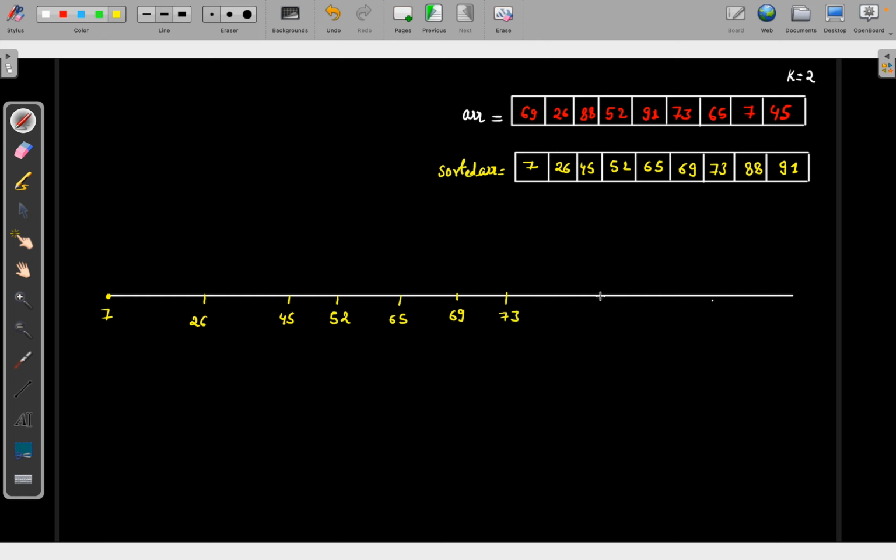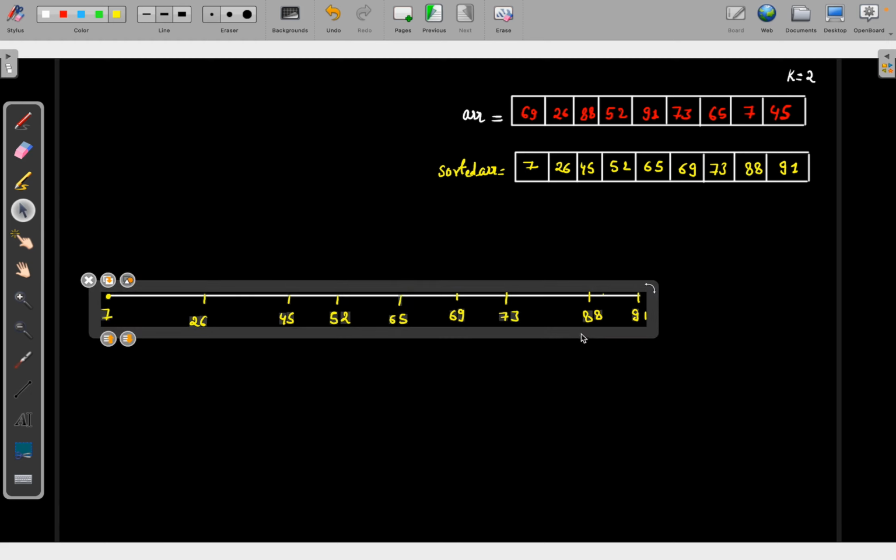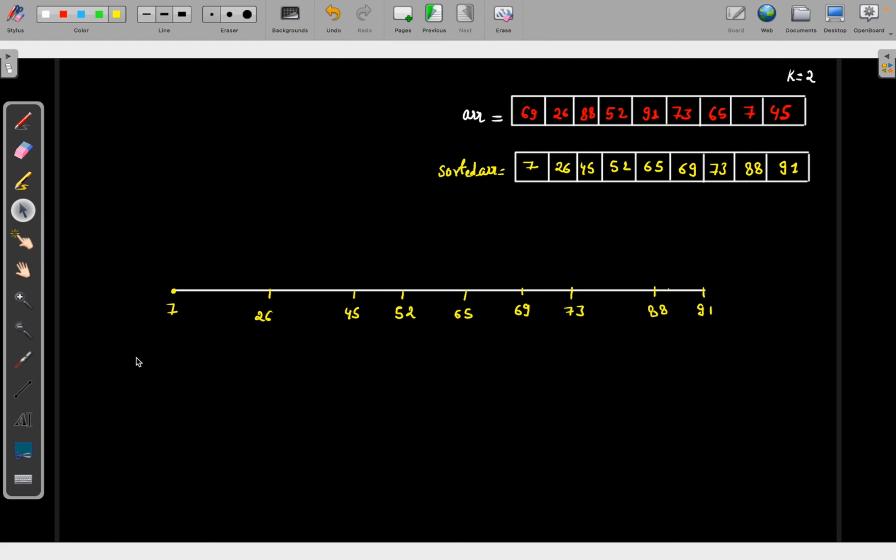Then we have 88 here, and then 91. So basically it will end up here. So I will remove this extra. This will be the positions of all the houses.